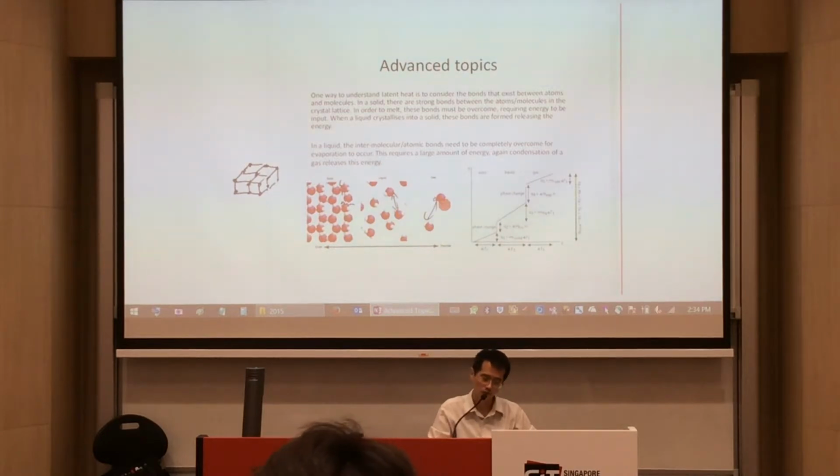We've learned about that before. But to break away this bond, if you want to break that bond between these liquid molecules, you've got to introduce a lot more energy.